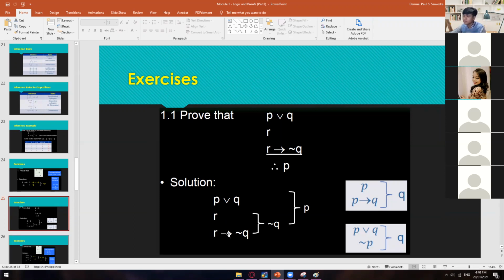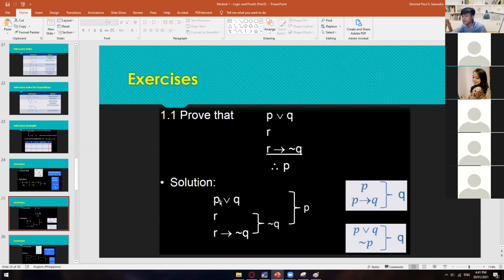As you can see right here, we have this R and then R not Q, so we can combine those two into one. Here we've applied modus ponens, so we have proven that this one is actually true. If it's modus ponens, then just copy the conclusion as it is. So we have a result here of negated Q.